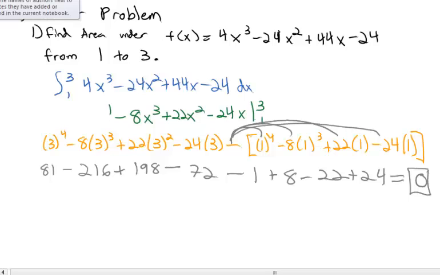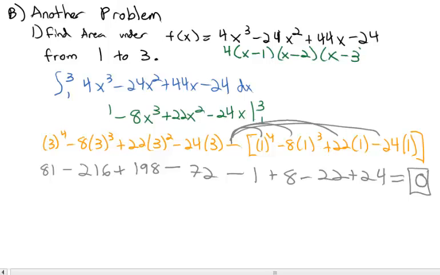If we were to factor this original problem, we would probably have to use the rational root theorem to get at it. But we would get 4 times x minus 1 times x minus 2 times x minus 3, which means this graph has intercepts at 1, 2, and 3.